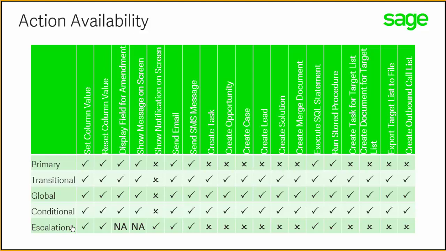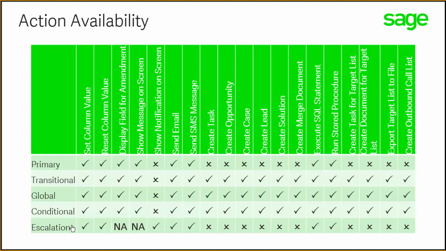Escalation rules can't rely on there being any interface and can't be involved in any user-driven process. So there are a number of things that you can't do inside an escalation rule, largely where you'd have the reasonable expectation that there was an interface in place, like the creation of a task or an opportunity.